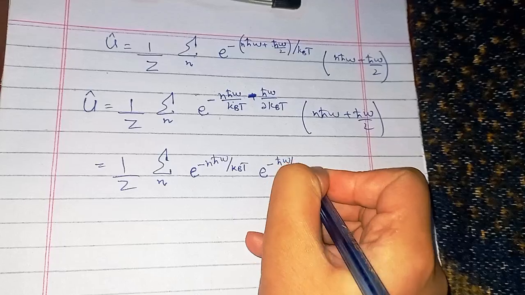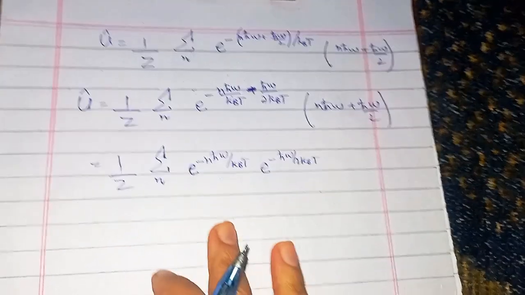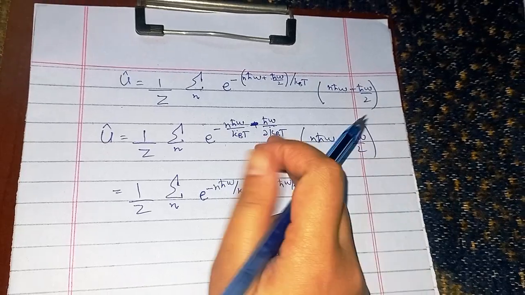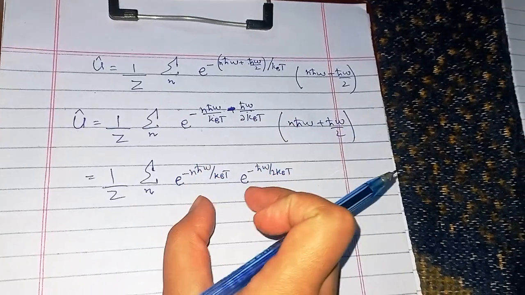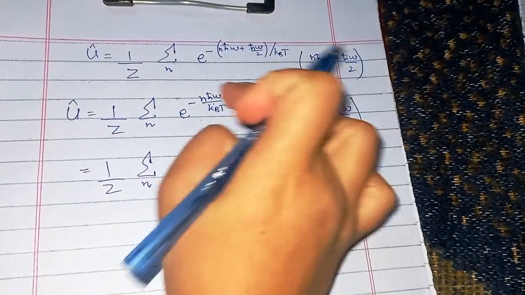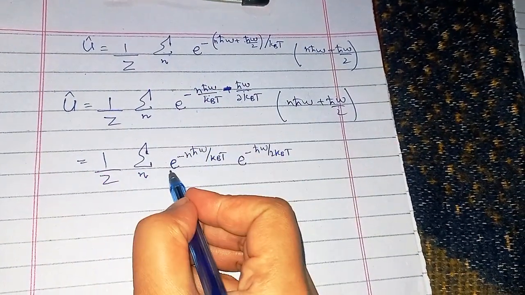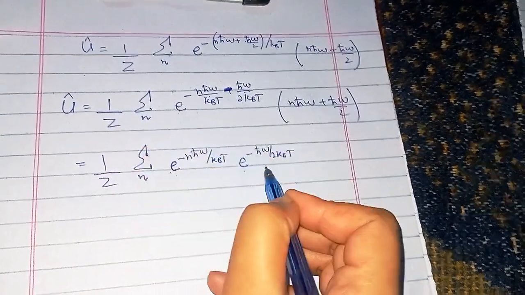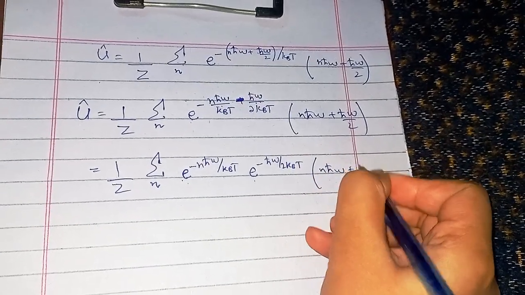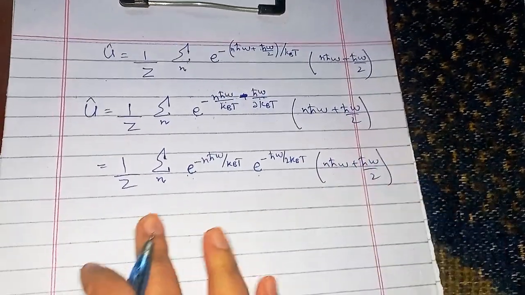These are the rules of exponents: if we have two terms in the exponent being added, we can separate them into two terms with the common base, which is e. So that's how we did it, and n h cut omega plus h cut omega by 2 remains the same.